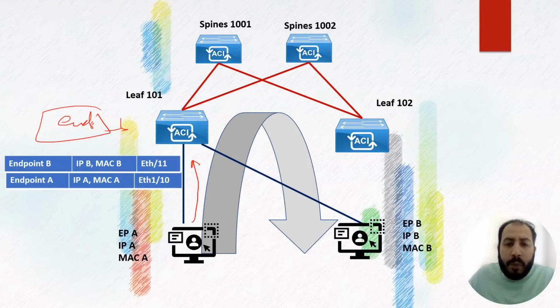By the way, the endpoint table at the leaf is called the local station table. The endpoint table at the spine, which of course is populated by the COOP, is called the global station table. So for local communication within the leaf, no need to consult the global station table. You can do it locally within the local endpoint table.